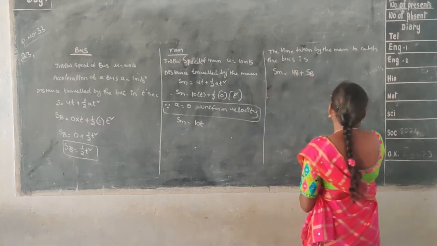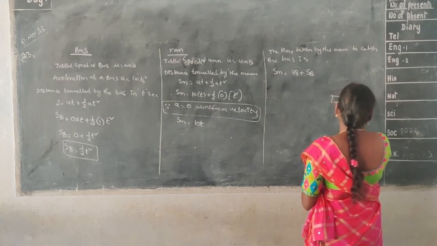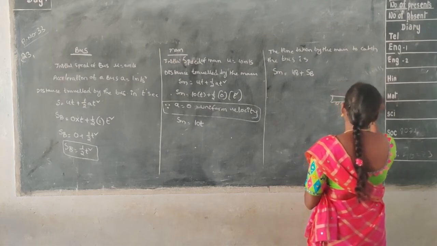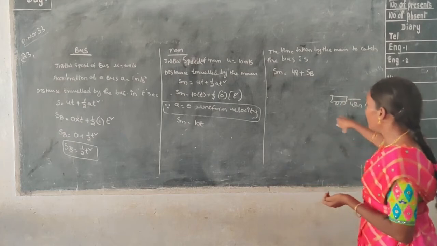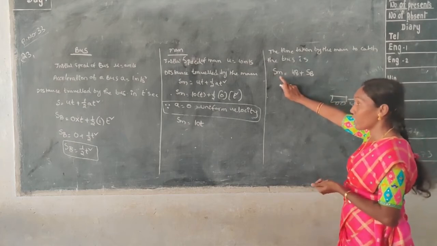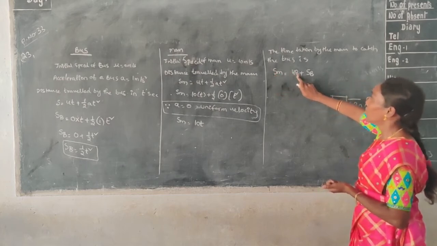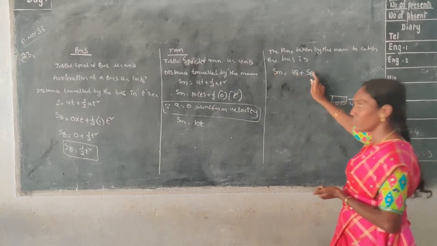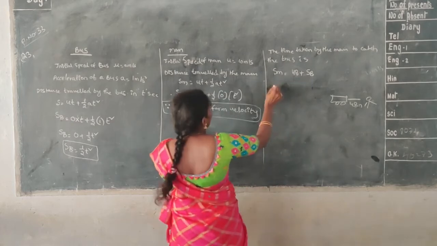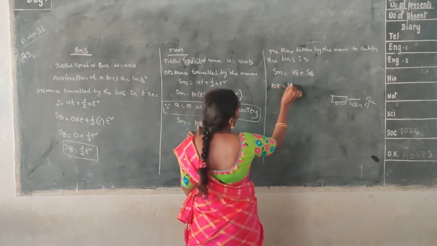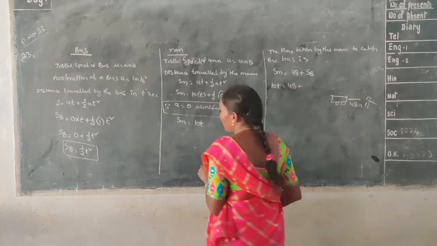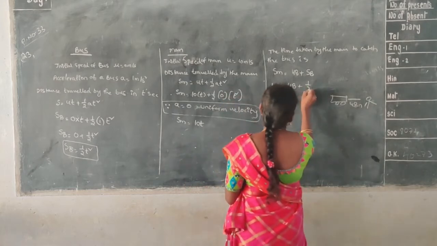Distance between the man and bus is 48 meters. Here 10t is equal to 48 plus SB, which means half t square.